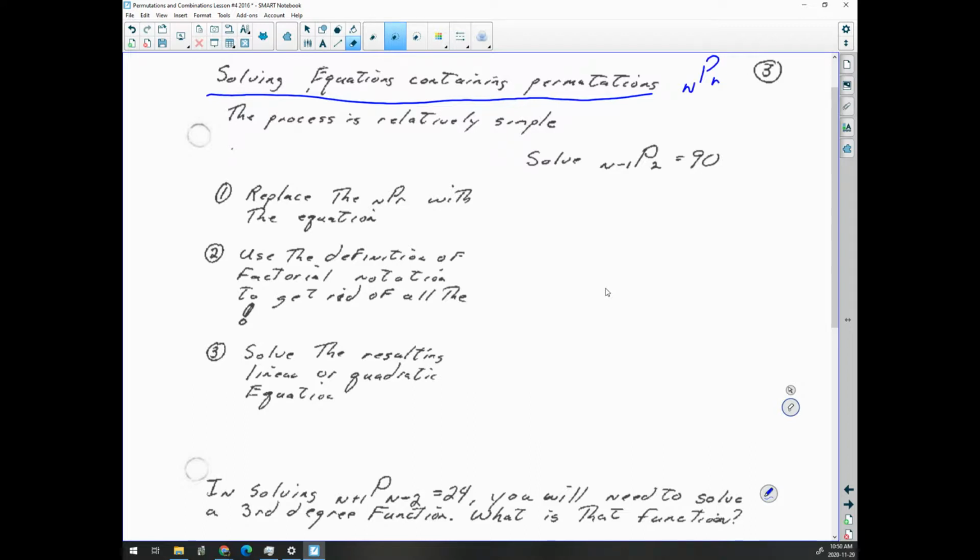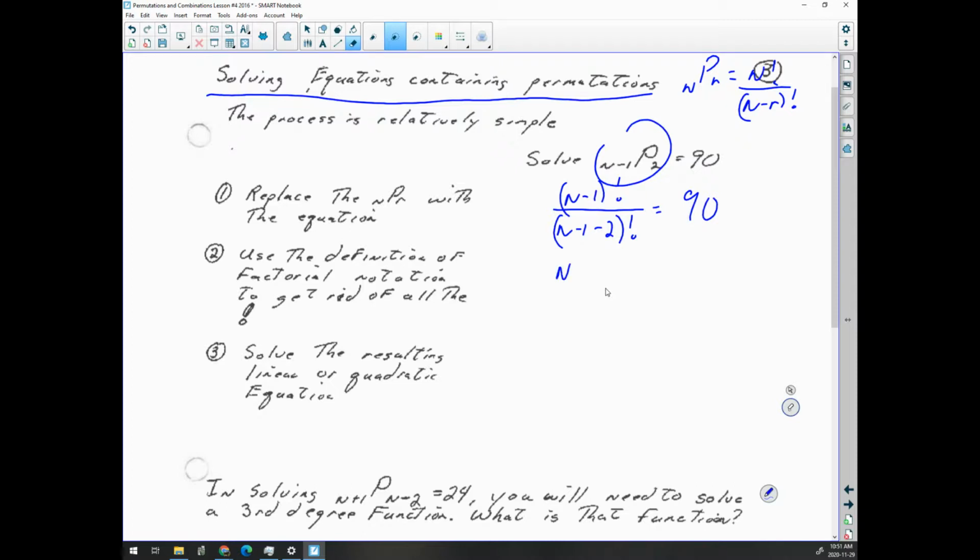N pick r is equal to n factorial over n minus r factorial. So I'm going to replace this with the form of that. So our top is n minus 1 factorial. Our bottom would be n minus 1 minus 2 factorial, and I'll keep the 90.